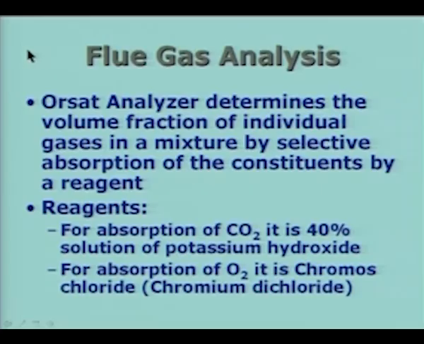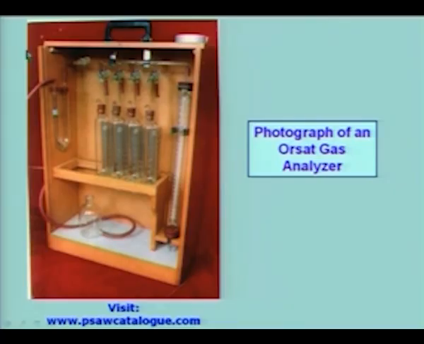So, in the case of the Orsat analyzer, the instrument is usually made of glass, and the picture shows a photograph of an Orsat gas analyzer, which I have taken from the catalog of the manufacturer. So, you can see here that there are several vertical tubes, which actually contain the reagents, and on this side you can see a burette.